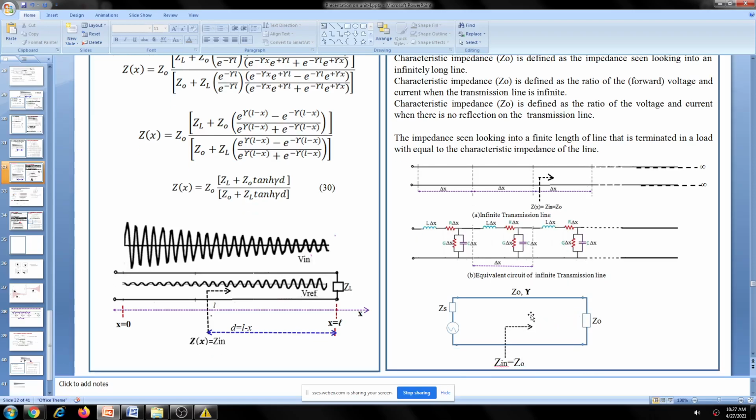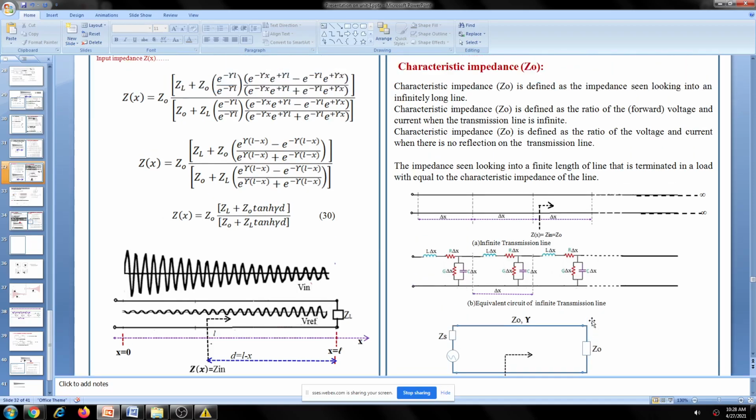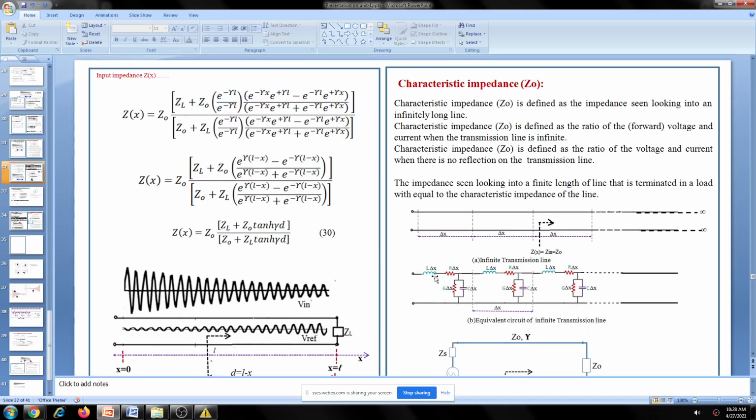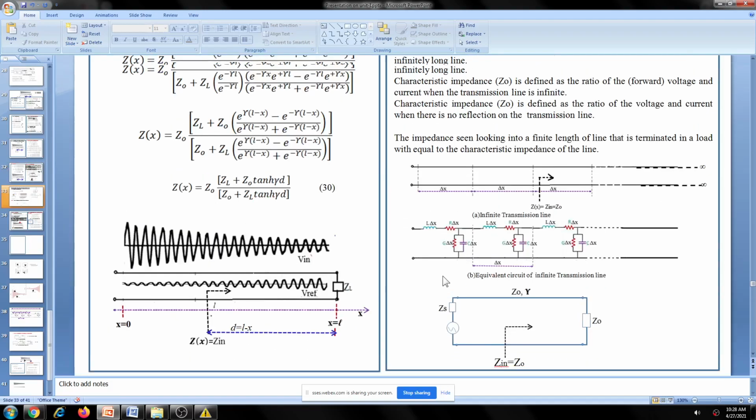Or it may be the ratio of voltage to current when it is a finite line terminated with the characteristic impedance. Then also there is no reflection. If you take the ratio of voltage to current, then it is called the characteristic impedance. So this is the definition of characteristic impedance of the transmission line.